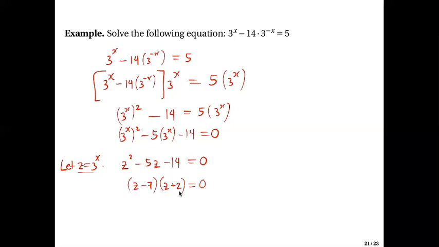You will get this. And therefore, z minus 7 equals 0, or z plus 2 equals 0. Or here, you will have z equals 7, or z equals minus 2.